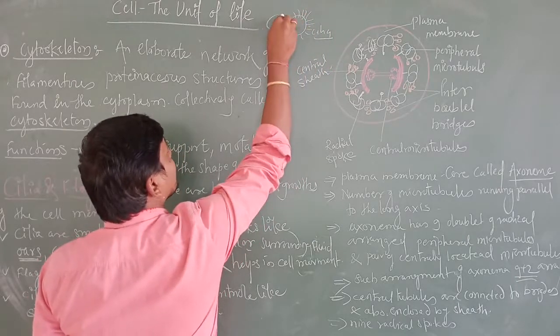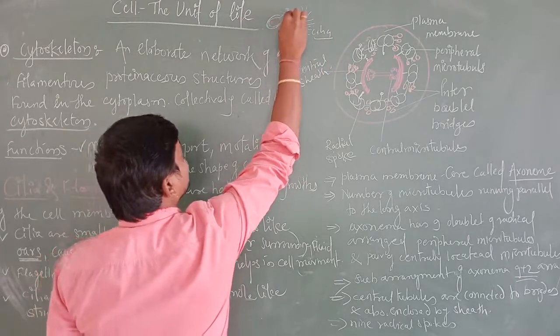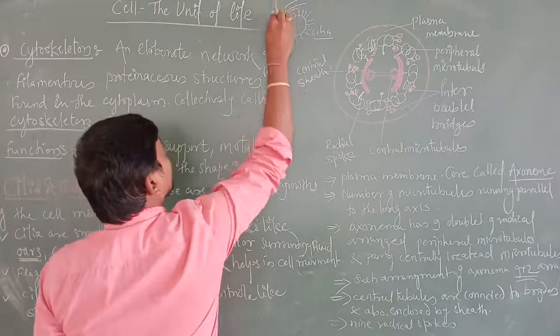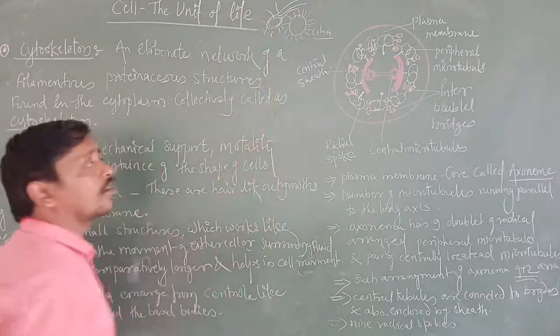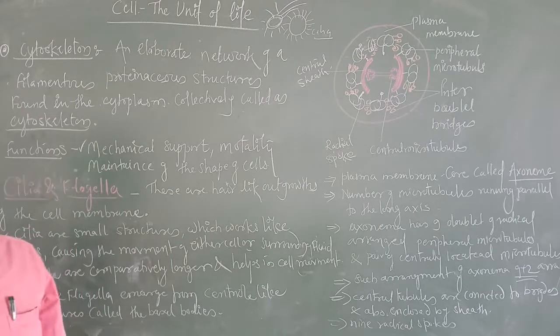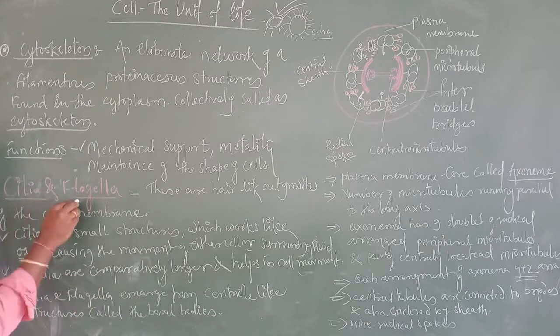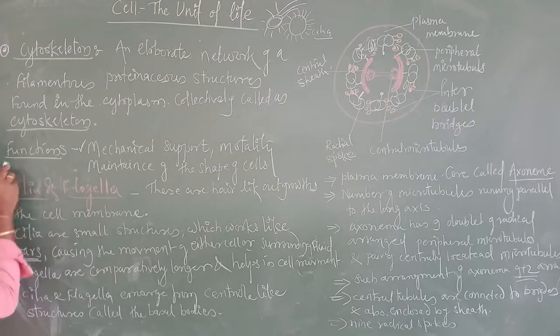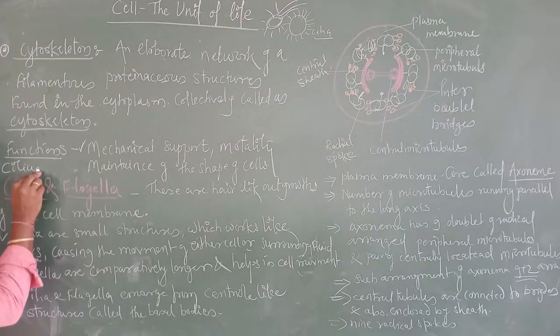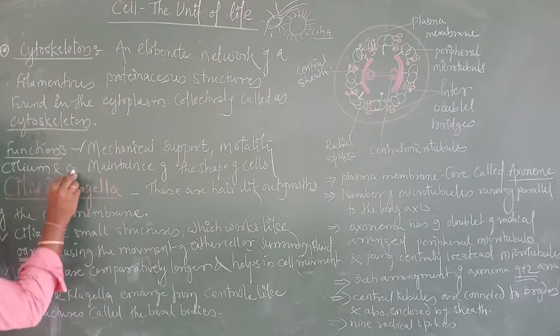In some cells, on the cell membrane we find longer structures, which are called flagella. Cilia and flagella are plural. The singular forms are cilium and flagellum.